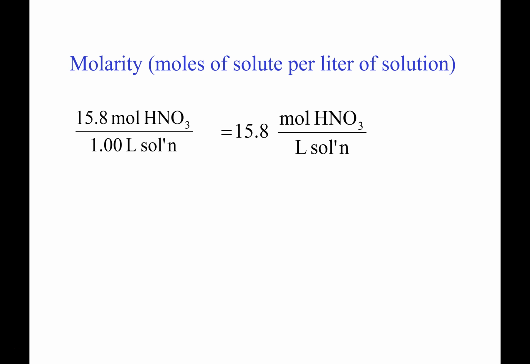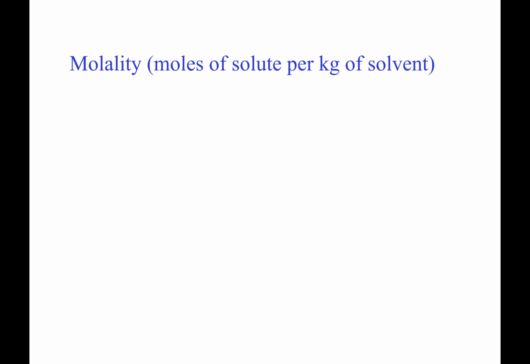Let's see, the next one. We're going to use the same numerator, but now we need kilograms of H2O. Now remember we had grams of H2O on our previous slide. So that looks like this. Again, 15.8 moles of HNO3 divided by 426 grams of H2O from the previous slide.